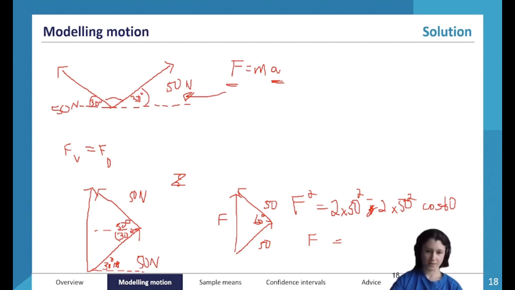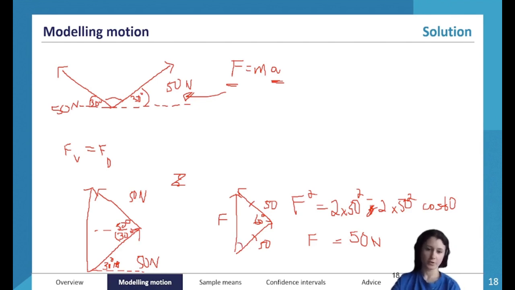We get an answer of 50 newtons. Alright. So, you could have even figured that out, considering that this is an isosceles triangle.